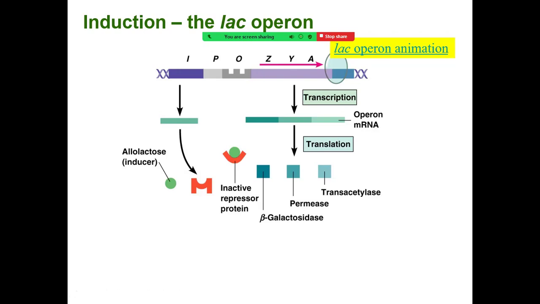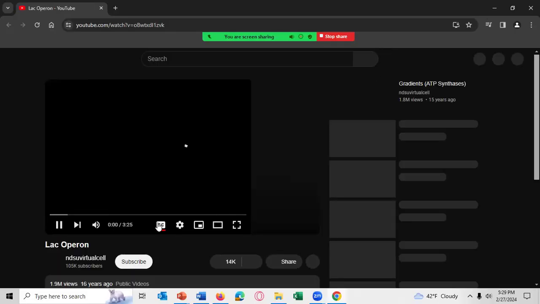And that is how we turn on the lac operon. And it is turned on, and that's why we call it an induced operon. Whenever the sugar lactose is around, allolactose will be around, and that will turn on the lac operon. Any question about any of that? If there's no questions, let's watch the little video on the lac operon.